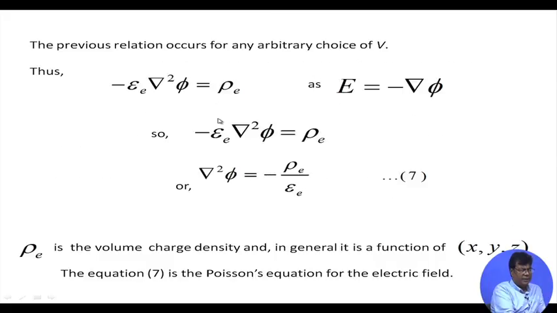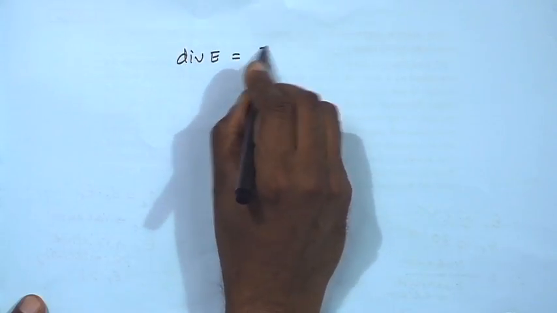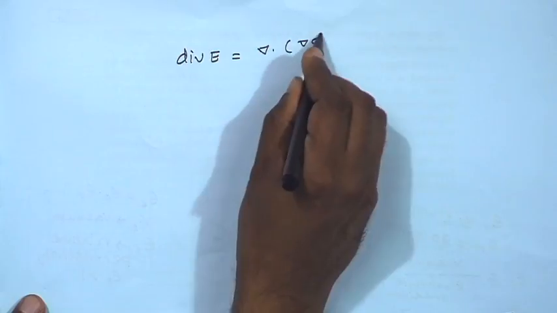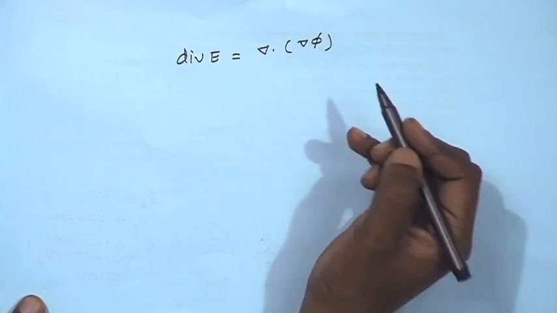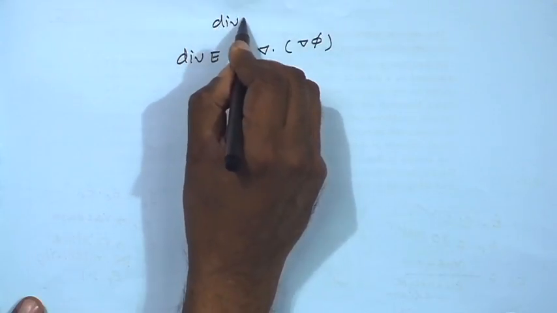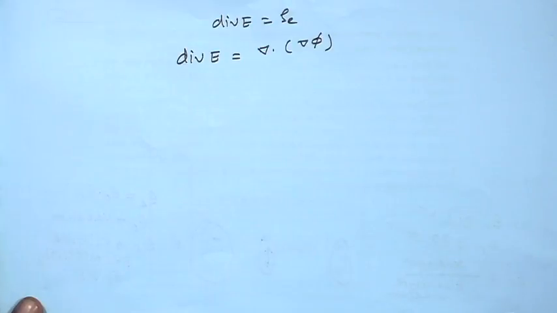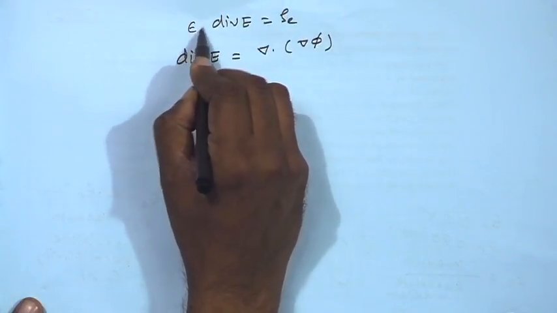So, we can write this in this form: minus epsilon E del squared phi equal to rho E. If I write the divergence of E, this is basically grad phi, as we have already defined, and there was an epsilon over here.